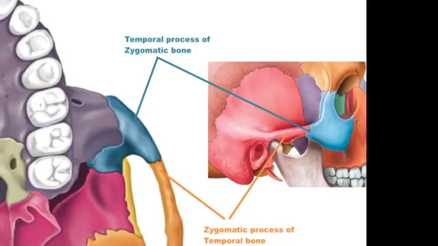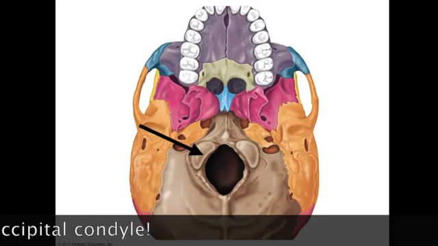Another example is the zygomatic arch, made up of the zygomatic bone and your temporal bone. The zygomatic process of the temporal bone connects to the temporal process of the zygomatic bone to make up this structure.